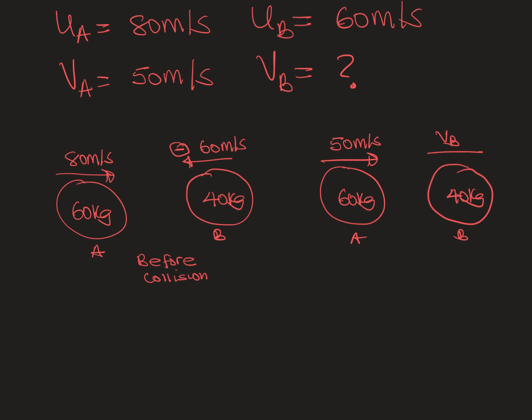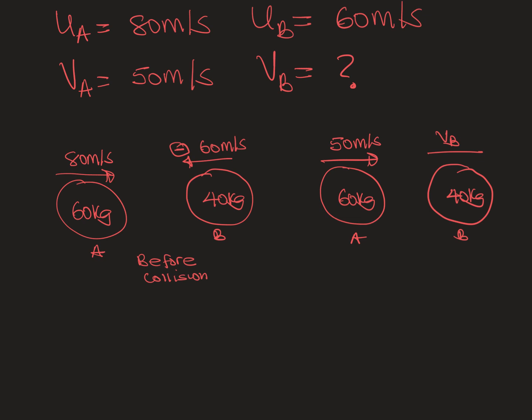If we have a negative value for VB, it means it has maintained its initial direction because its initial direction is towards the left. So if you have a negative answer, it means that it is still moving in the negative direction. But if we have a positive value, it means it has reversed its direction.